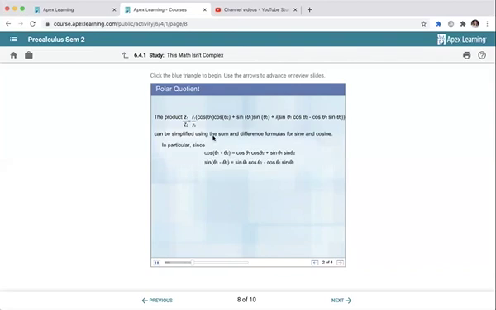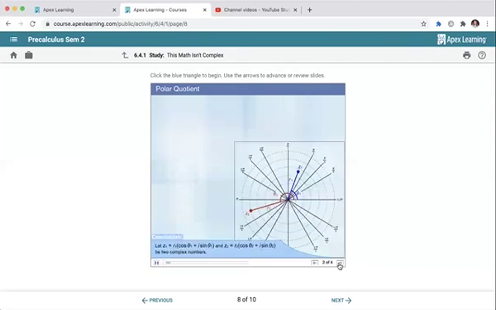So it will be simplified into cosine of theta plus theta, or in this specific example, since we have negatives now, we can do a subtraction between them. We can look at the difference between them. Earlier we talked about adding them together. Now we can talk about actually subtracting the two angles from each other.